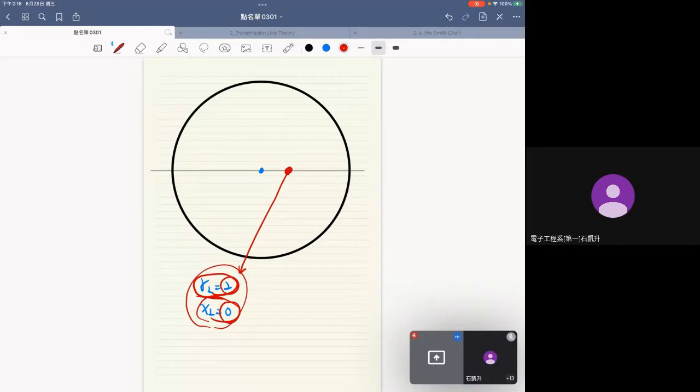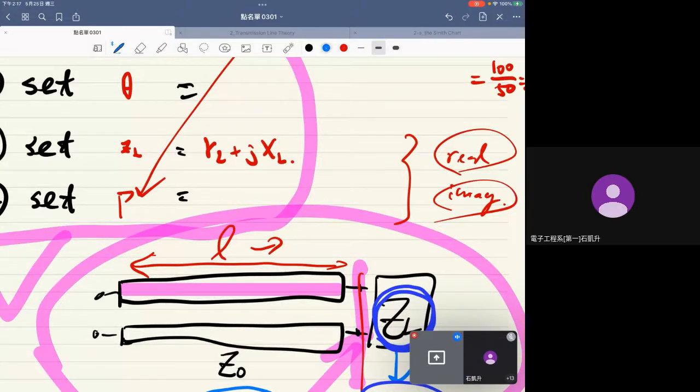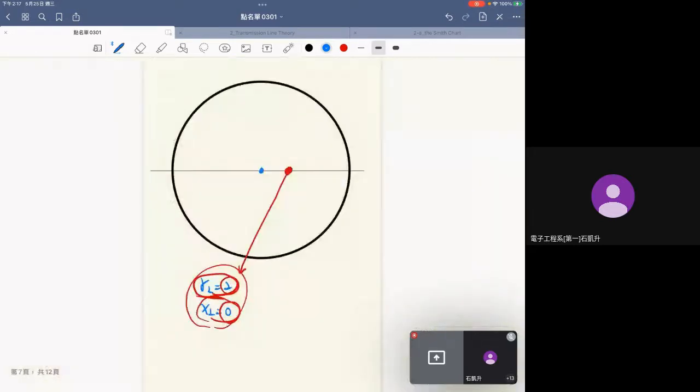Okay. And when you have a length of transmission line, for example, if this is a quarter wave transmission line, which means L equals lambda over 4, the impedance of the transmission line will transfer to another position.